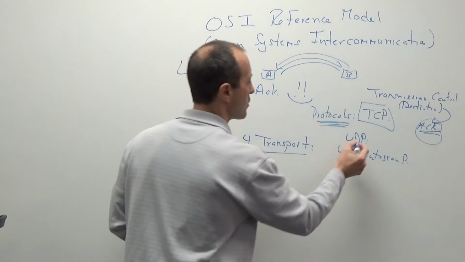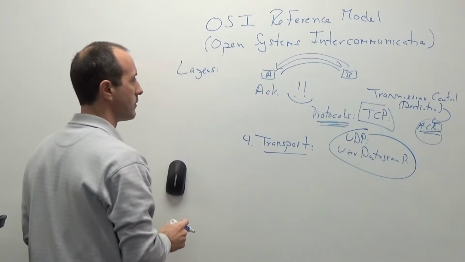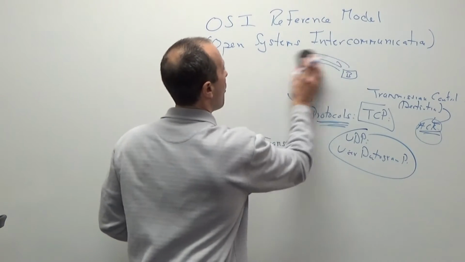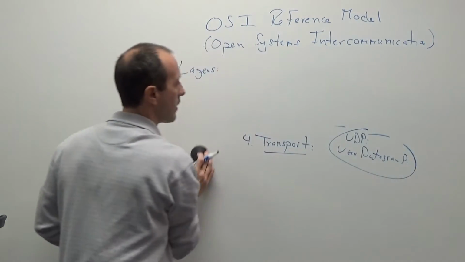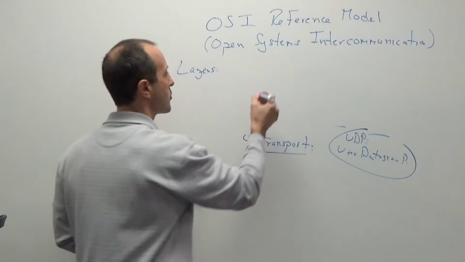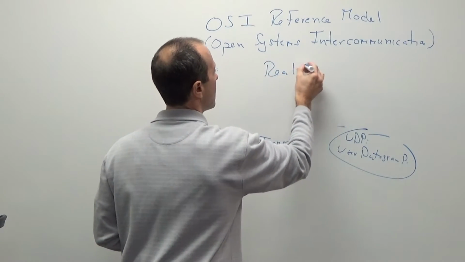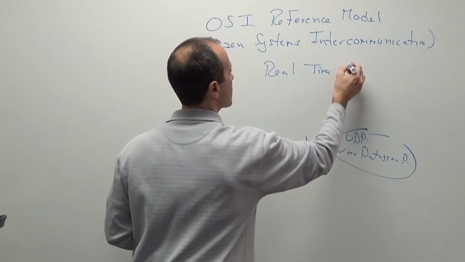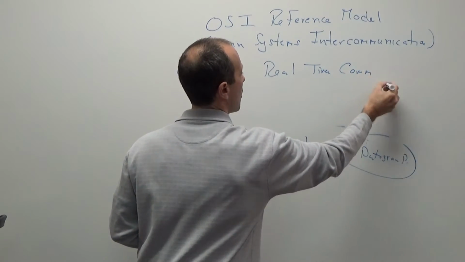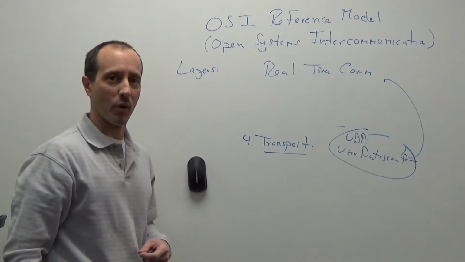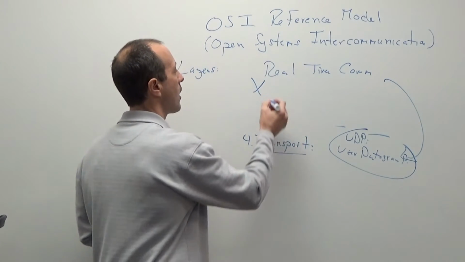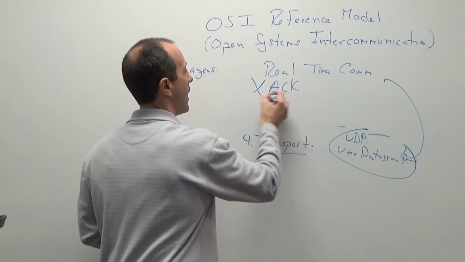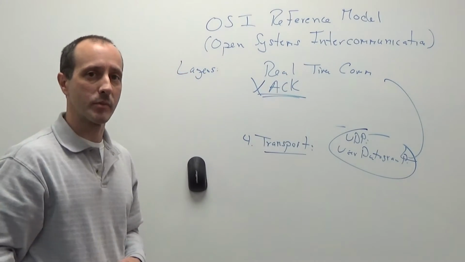Now, so why do we use user datagram protocol? Well, when we don't need that acknowledgement, and what we use for real-time transmission, real-time communications, we're going to use user datagram protocol. It does not require and will not use that acknowledgement packet.